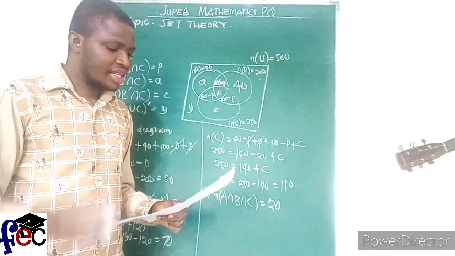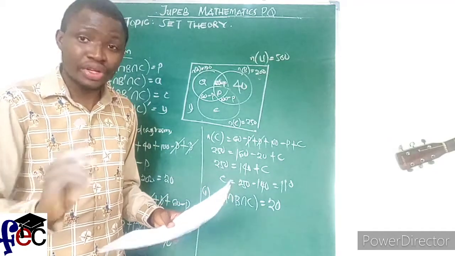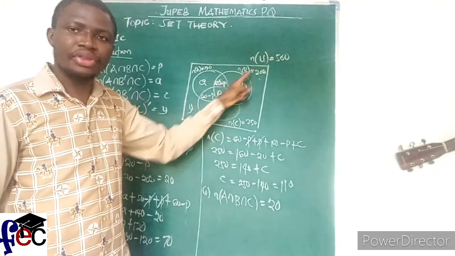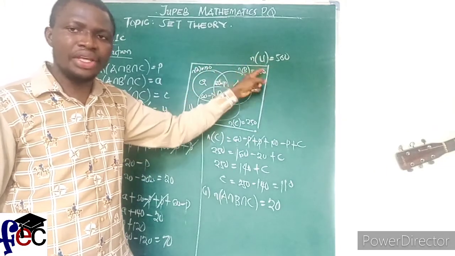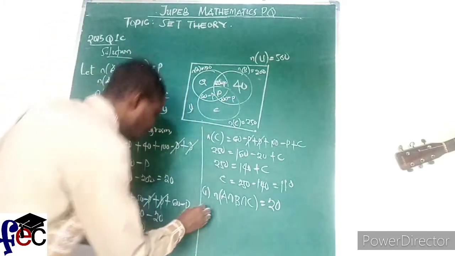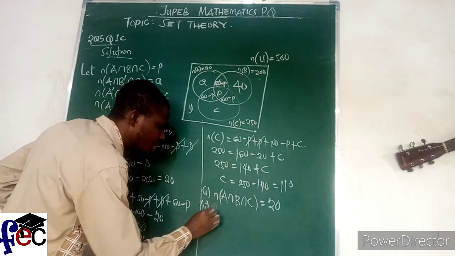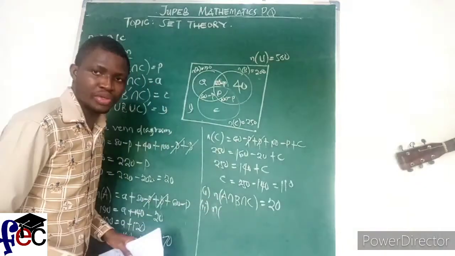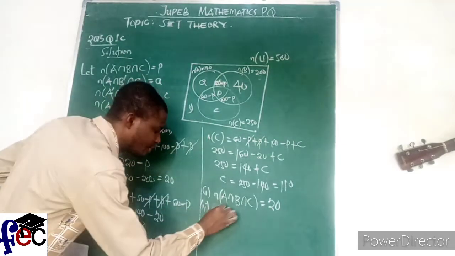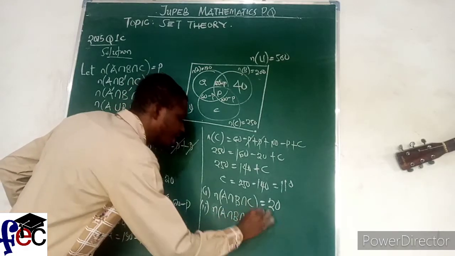The second part says the number of voters who voted for A and B but not C. That's A and B only. And what's that? 80 minus P. So now, Roman figure 2 is asking for the number of voters that voted for A and B but not C. That's asking for A intersection B intersection C complement.